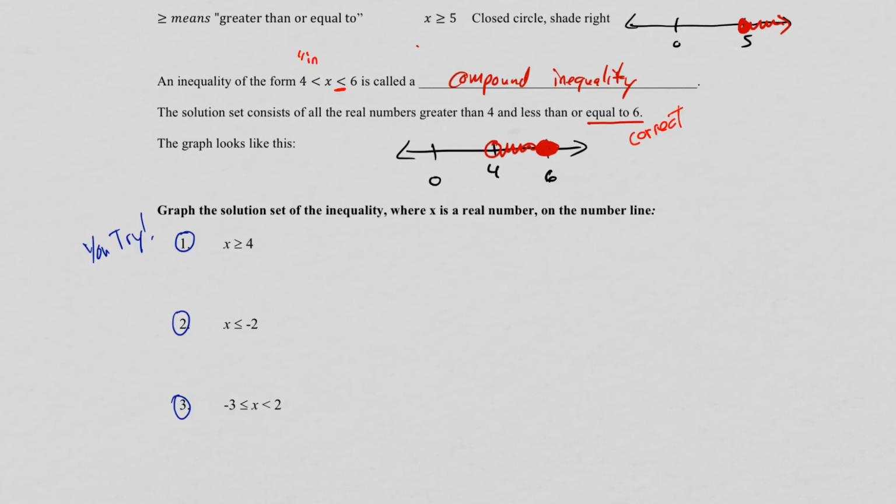You can say in between. So you're going to shade in between those two numbers. So you're going to do an open circle at 4 and closed circle at 6, and then just shade in between. Okay, don't try to think too much about that.